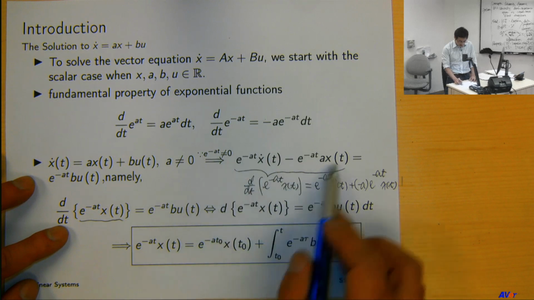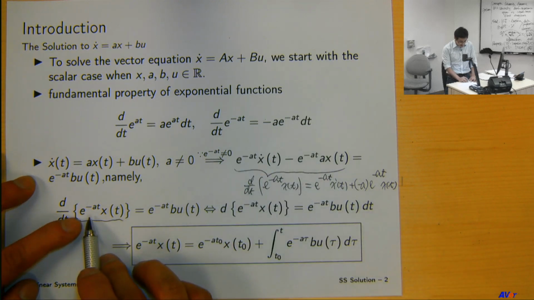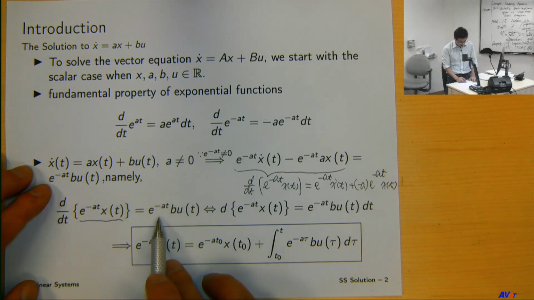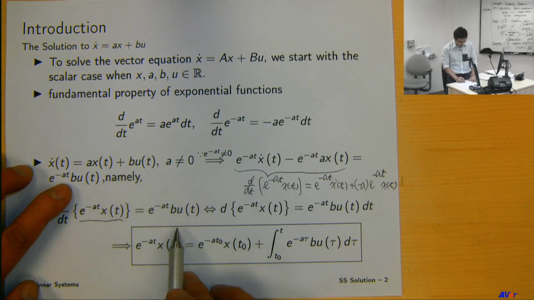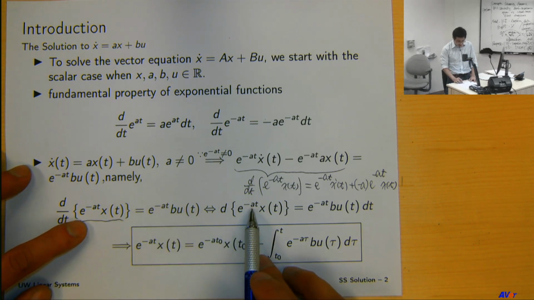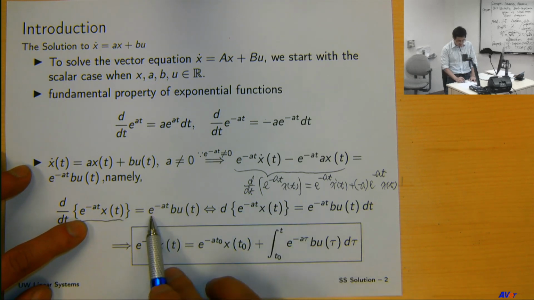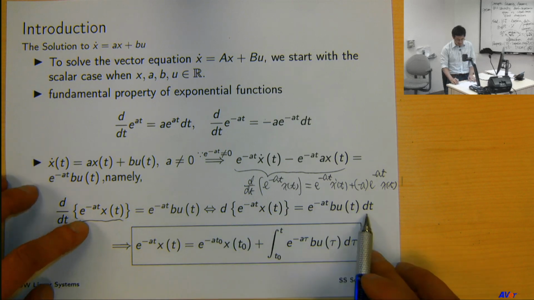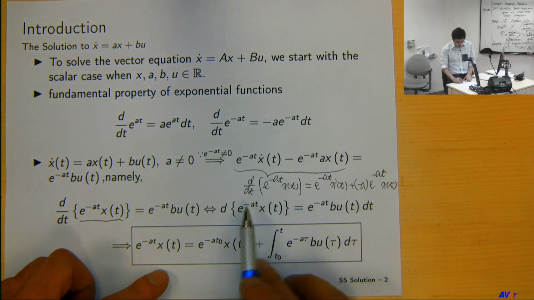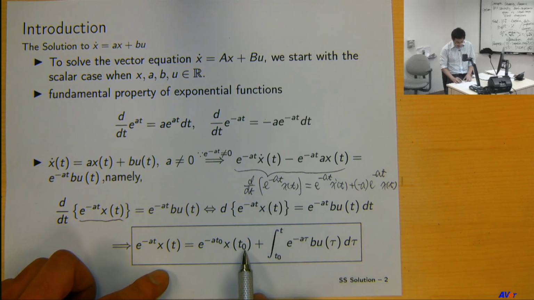On the left, you have the derivative of e^(-at) times x. On the right, you have some time function e^(-at) times bu. That means d of e^(-at) x equals this term times dt. And then just do integration, let's say from initial time t0 to terminal time t.